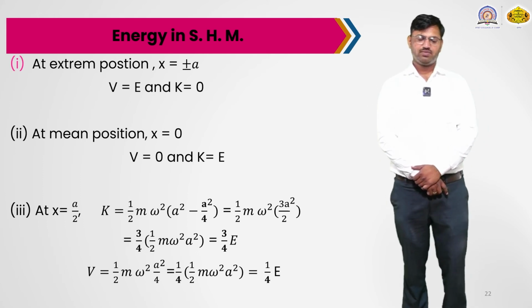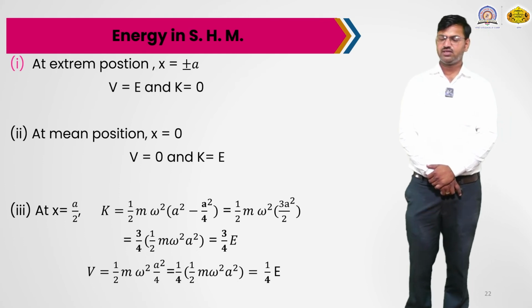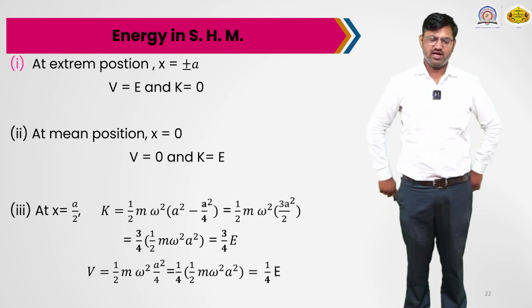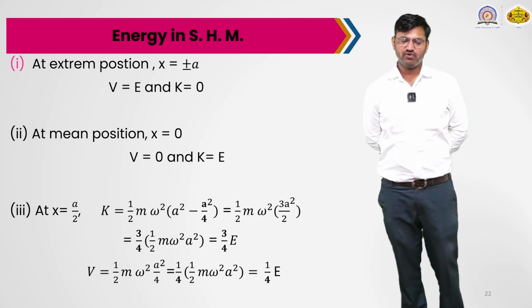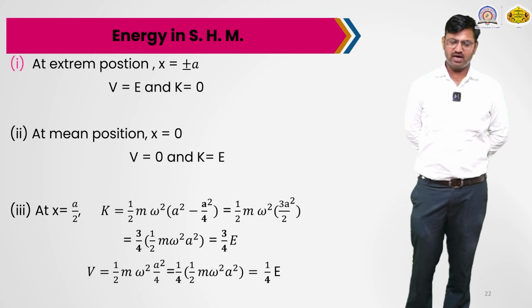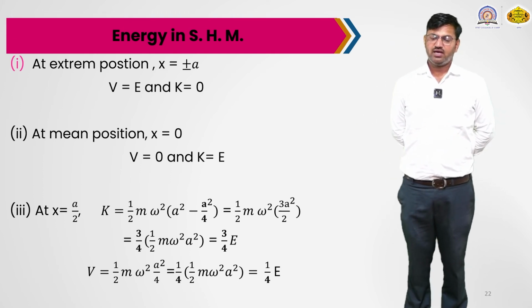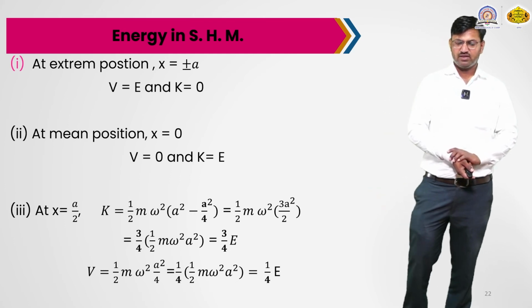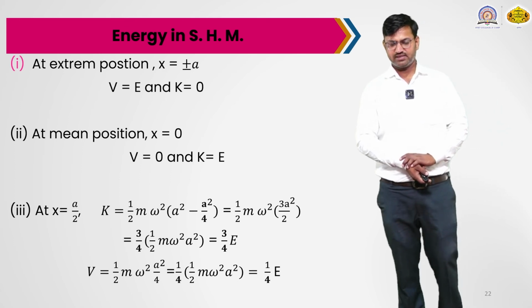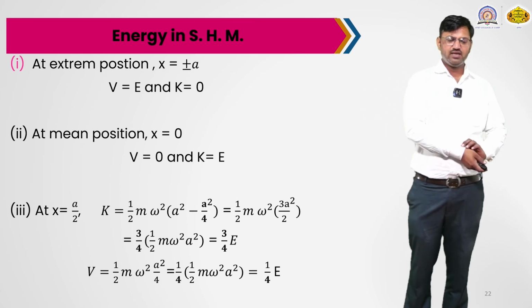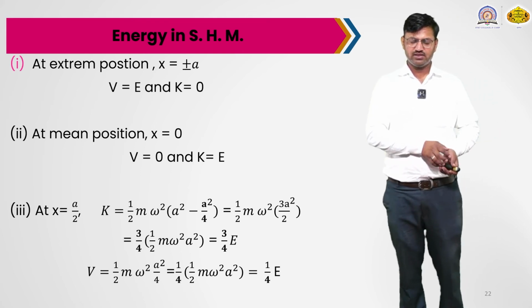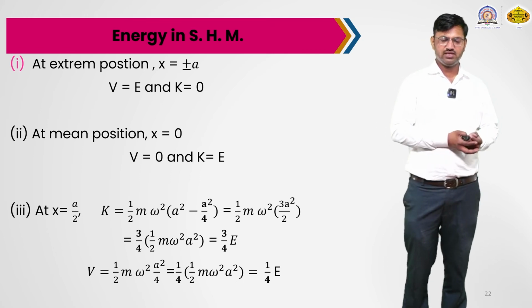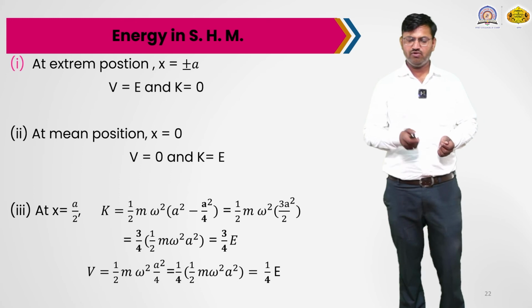The term in the bracket is the total energy, so K is equal to 3 upon 4 into total energy E. V is equal to half m omega square a square upon 4, is equal to 1 upon 4 bracket half m omega square a square, is equal to 1 upon 4 into E. That means at half of the amplitude, the kinetic energy is the 3 upon 4th part of total energy and the potential energy is the 1 upon 4th part of total energy.